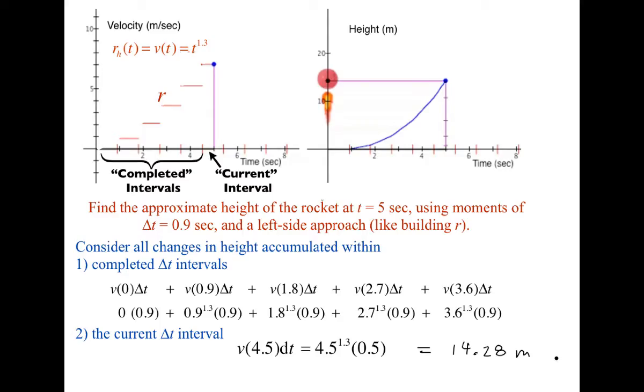So I want us to take a few moments to do that, just to see what the function is doing when you want a particular value of that function A. In essence, it's going to add up the changes in height from the completed intervals, plus the change in height from the current interval.